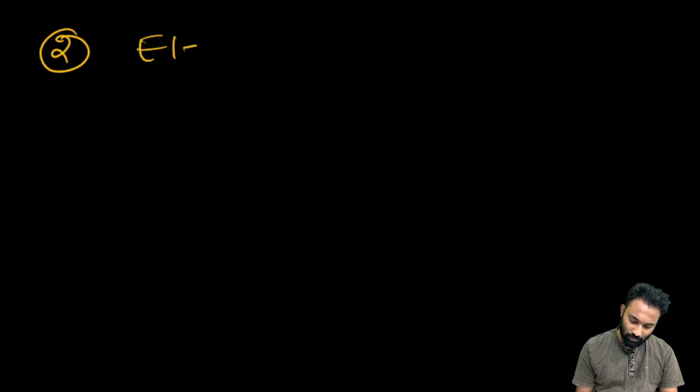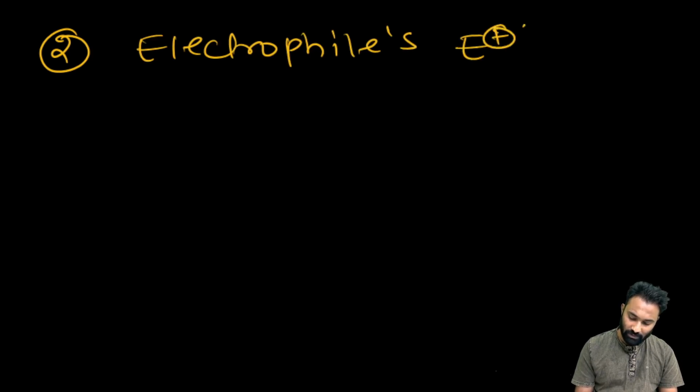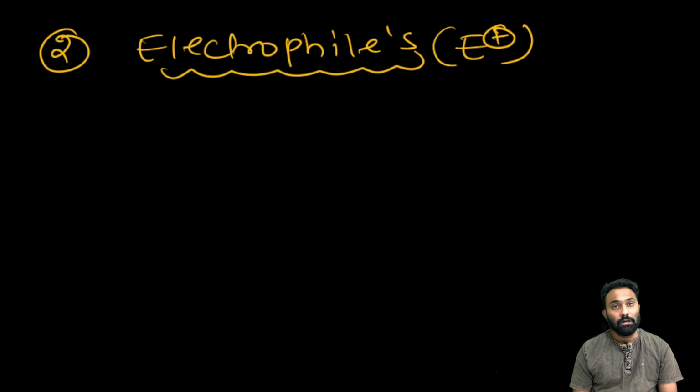Next we are going to see the second one, electrophiles. What is the meaning of electrophiles? How have these electrophiles been formed? Now these electrophiles have been formed due to which breakage, homolytic or heterolytic? Heterolytic breakage leads to give the electrophiles. Done.